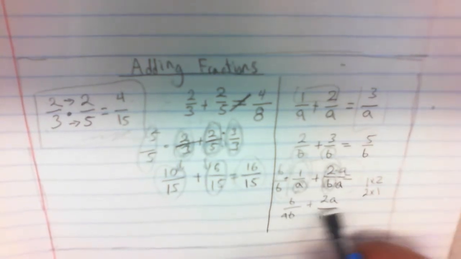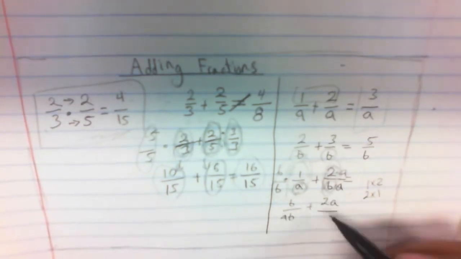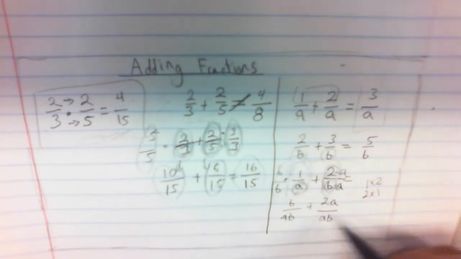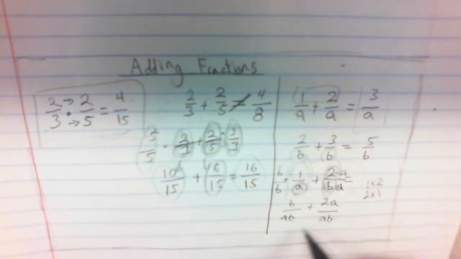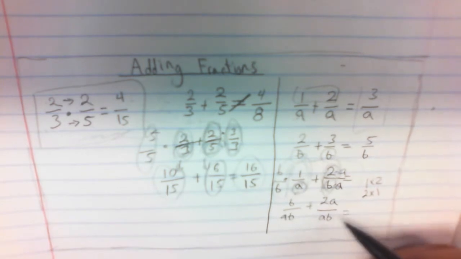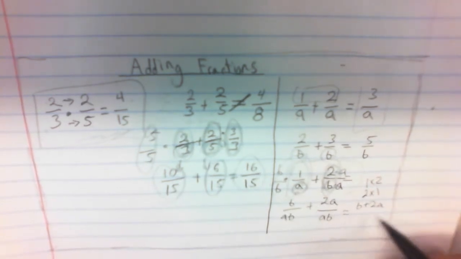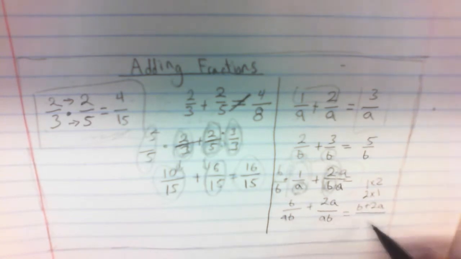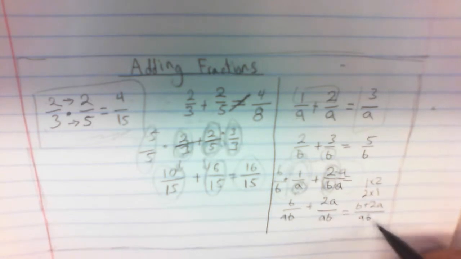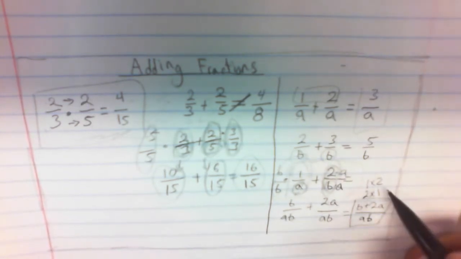So let me swap it right now so we can actually say that it's ab. So now we have the same denominator, so now we can add. So this becomes b plus 2a over ab, because these two have the denominator of ab, so my final answer must have the denominator of ab. Right? So that's the answer for that one.